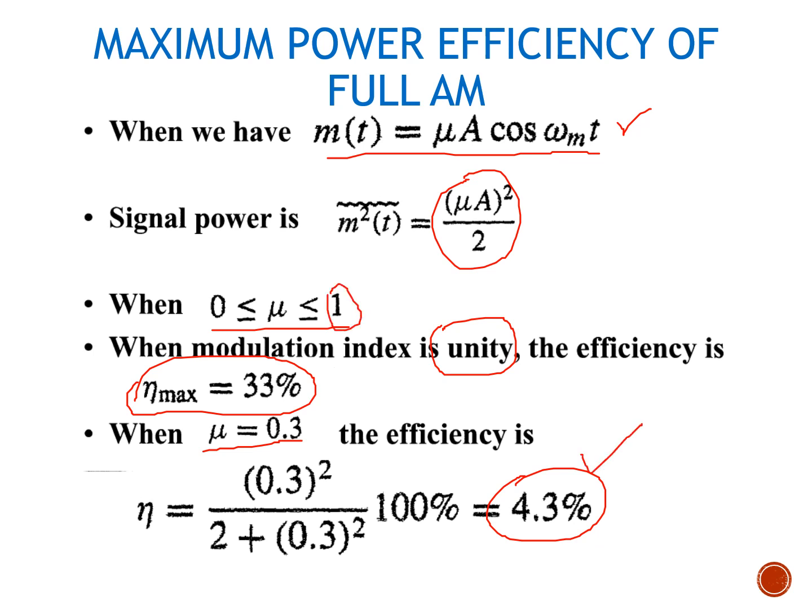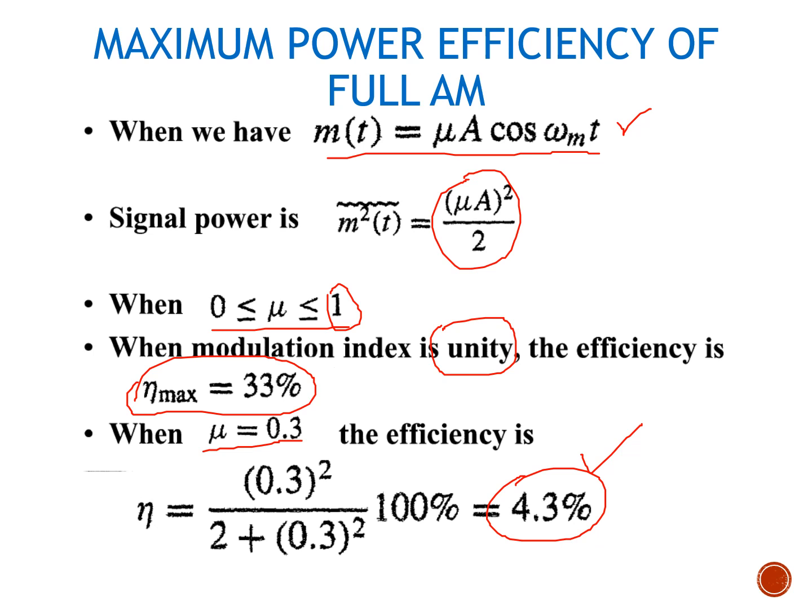So to summarize the discussion, we first saw the double sideband suppressed carrier modulation in AM. We saw that the only way to demodulate it is to use a synchronous detector, with a local oscillator that has the same frequency as the incoming carrier.